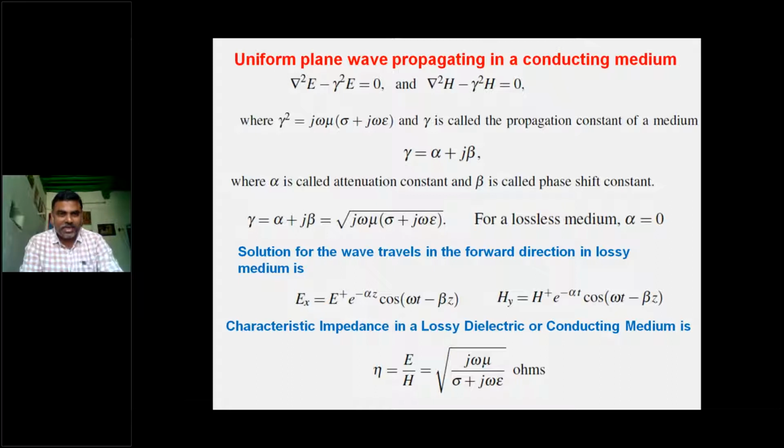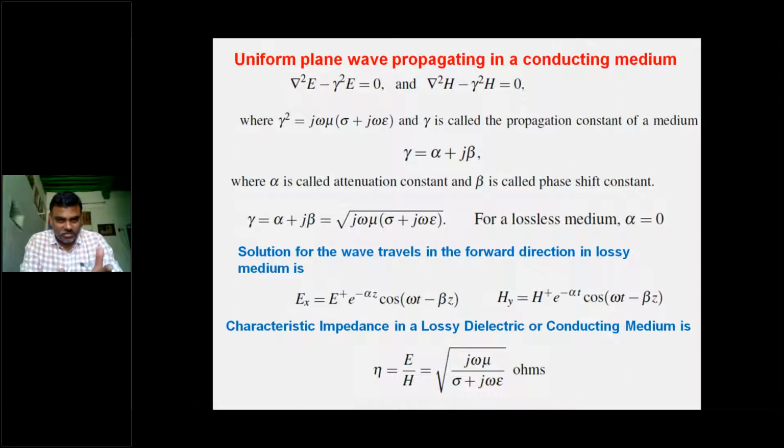Okay, and here that gamma is given by the general expression after solving, root of j omega mu. Sorry, here gamma is given by the general expression of the wave equation. We can write root of j omega mu times sigma plus j omega epsilon. And for lossless media, since sigma value is 0, just by replacing that 0, j omega whole square under root, so j omega root mu epsilon.